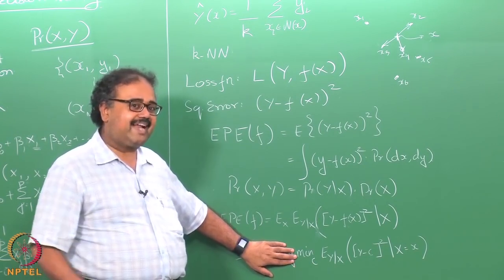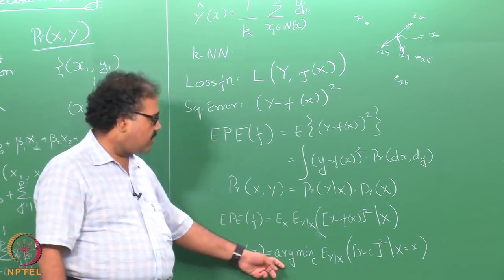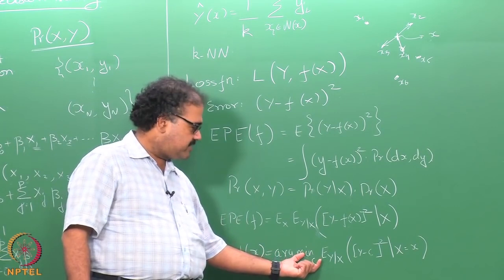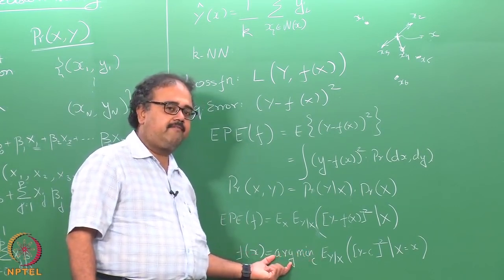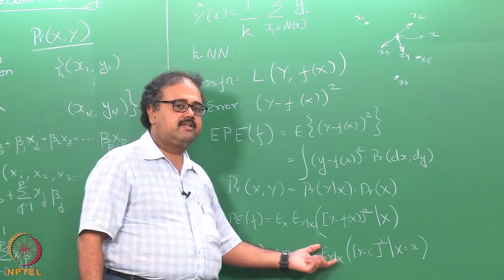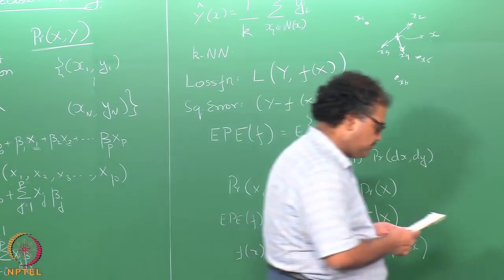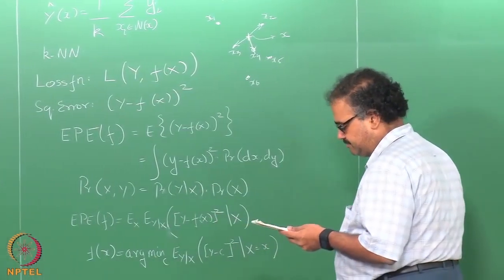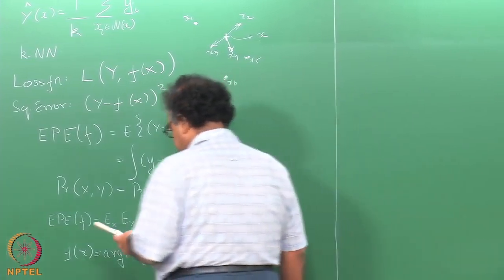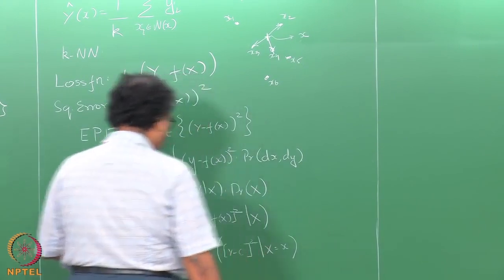I am trying to pick that C which gives me the smallest error. So, arg min means first minimize with respect to C and take that value of C which achieves this minimum. If there are multiple values that give you the minima, you can pick any one. So, this is essentially called conditioning on a point.